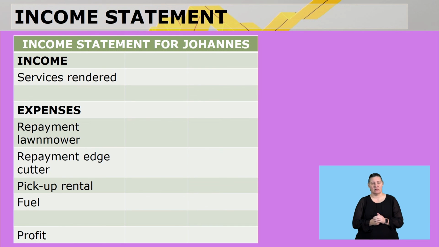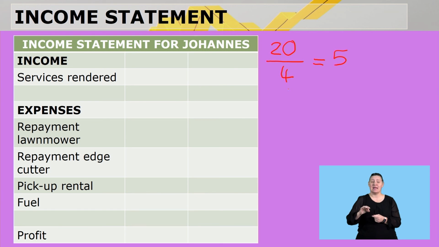So now the income, he wanted to service 20 gardens. He only can service a quarter, so it's divided by 4, meaning he only tendered to 5 gardens.